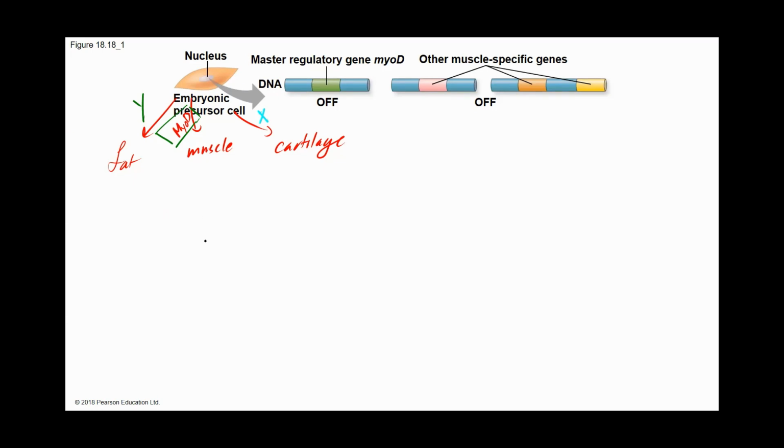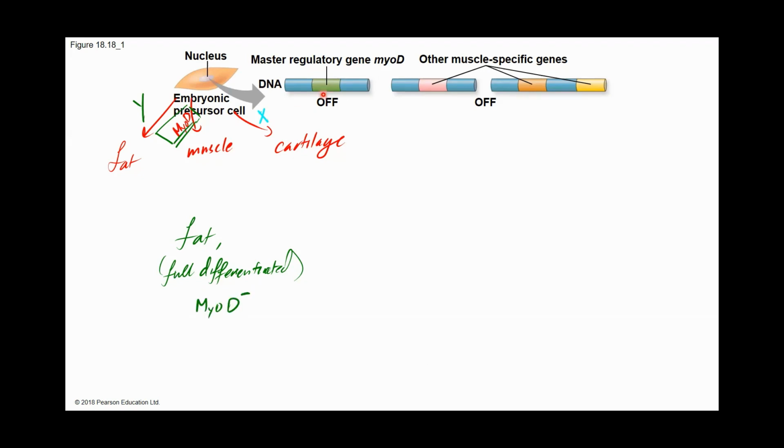So scientists did an experiment where they took fat cells, which are fully differentiated, and these cells do not normally produce MyoD, so they are MyoD minus.